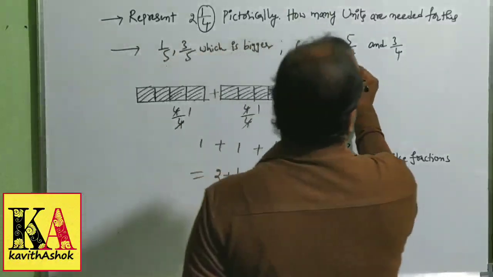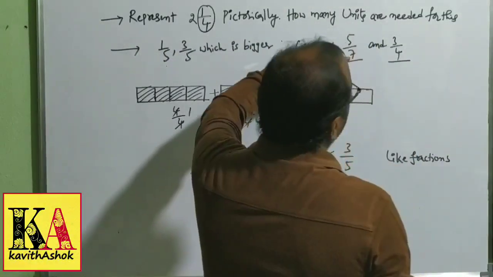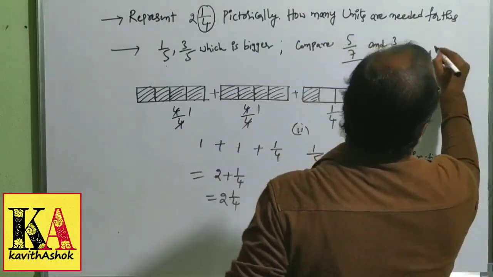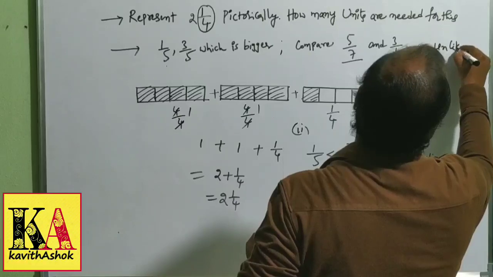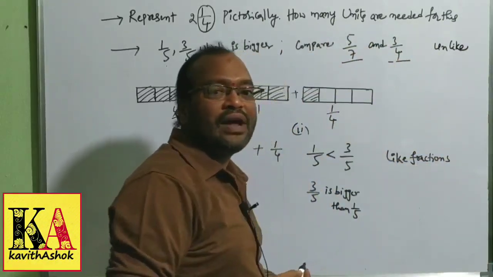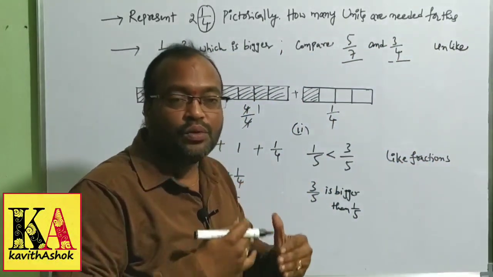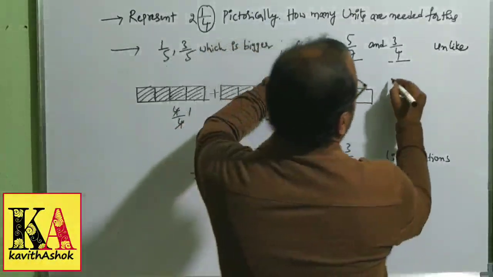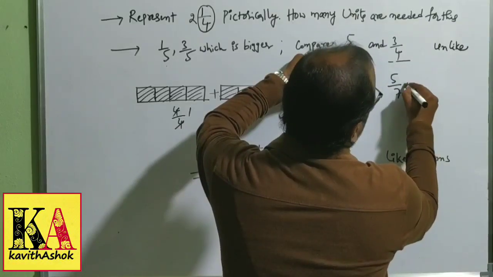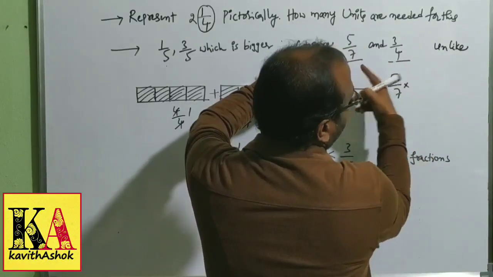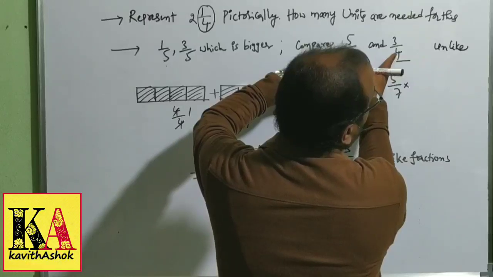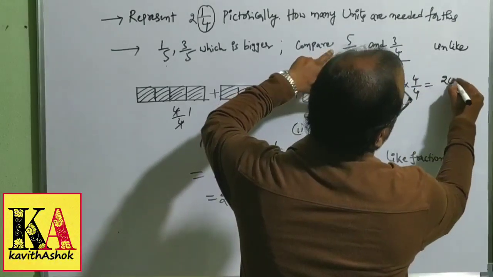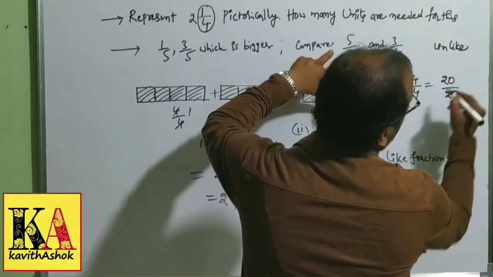But here 5 by 7 and 3 by 4 are there. Here the denominator contains 7. Here the denominator contains 4. These two are unlike fractions. So whenever unlike fractions are there, we have to make those values like fractions, then we can compare. For that sake, first we will take 5 by 7 here. To make the denominator the same, just take this denominator 4, multiply and divide. 5 4s are 20, 7 4s are 28.